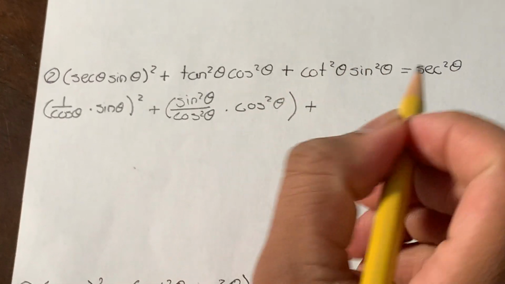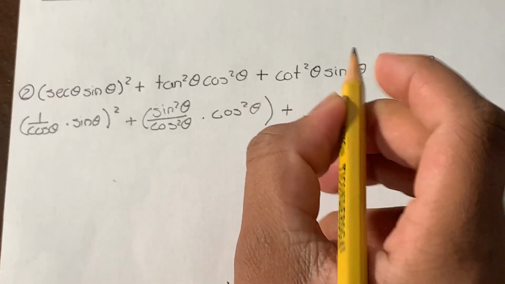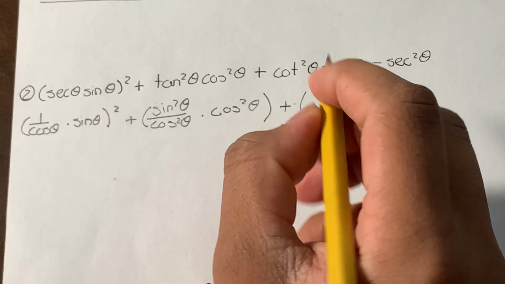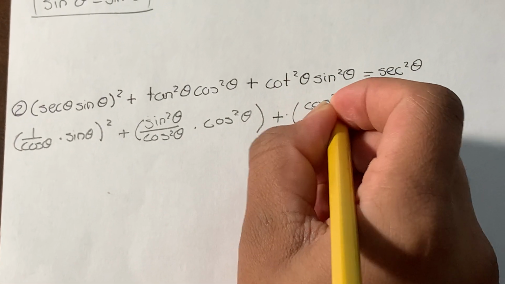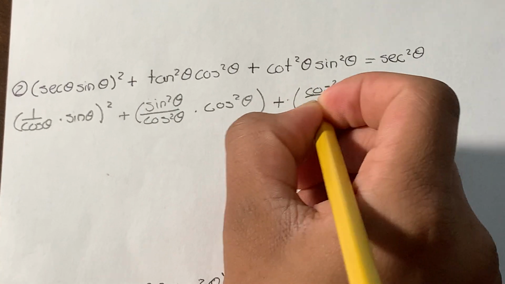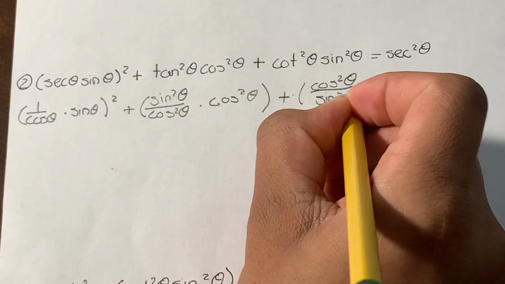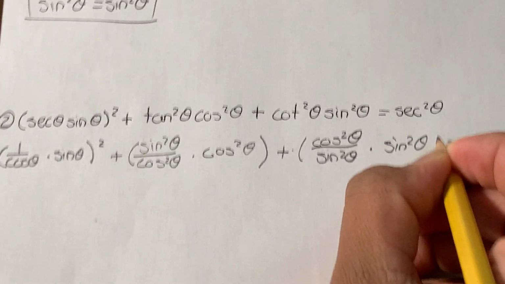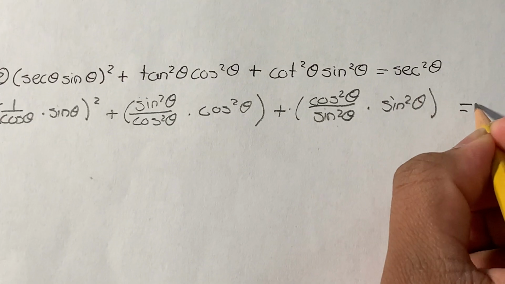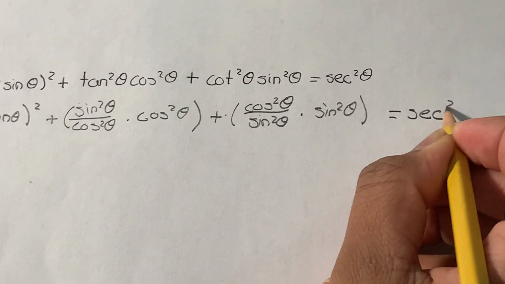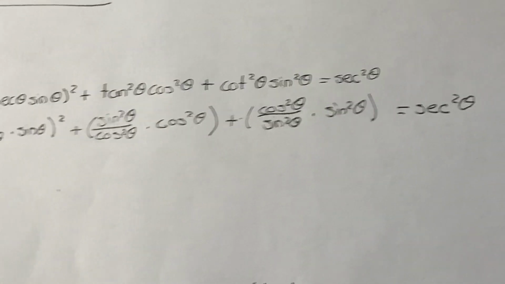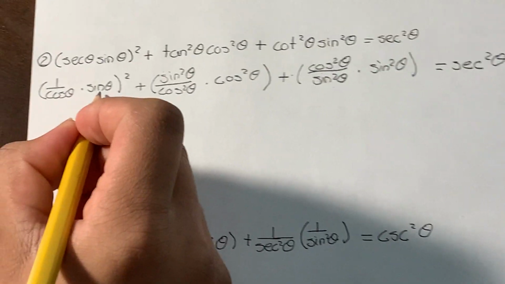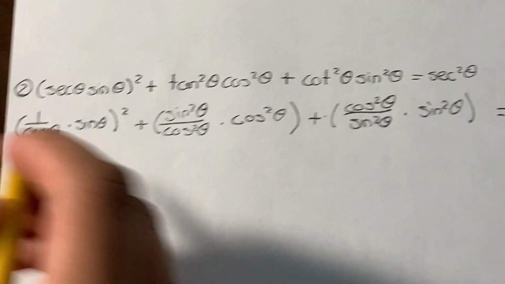Plus we go to the next segment, cotangent squared theta, which is basically cosine squared theta over sine squared theta, still being multiplied by sine squared theta. And this is all still equal to secant squared theta.